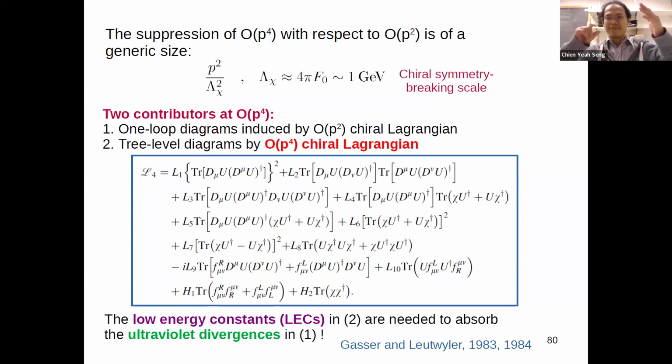So you get more and more parameters, which you need to fit to more and more experiments. So chiral perturbation theory becomes less and less predictive when you go to higher and higher P squared, because you have to fit to more and more experiments, so you can predict less and less things.